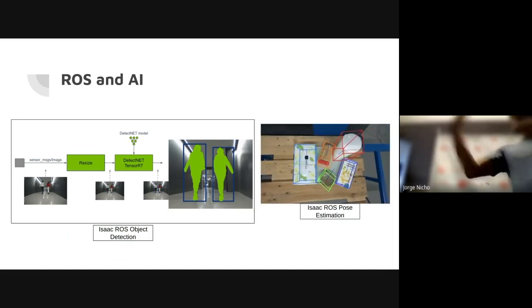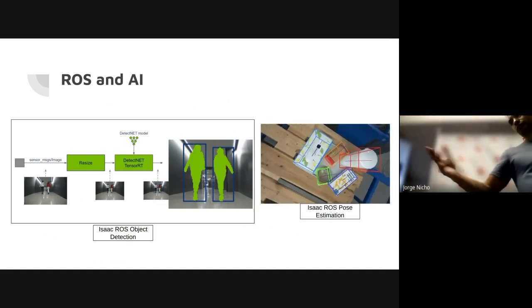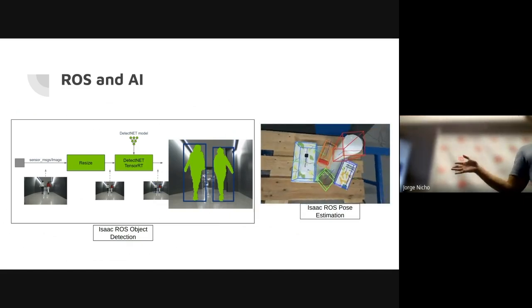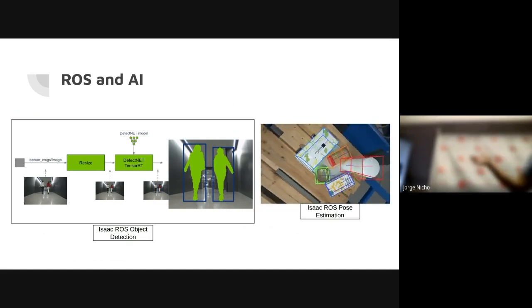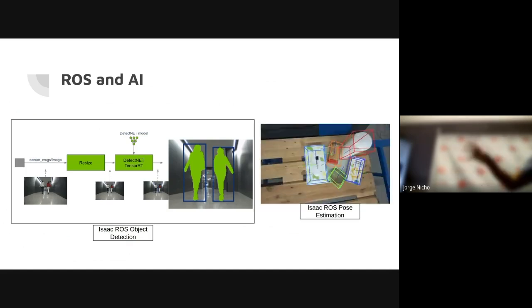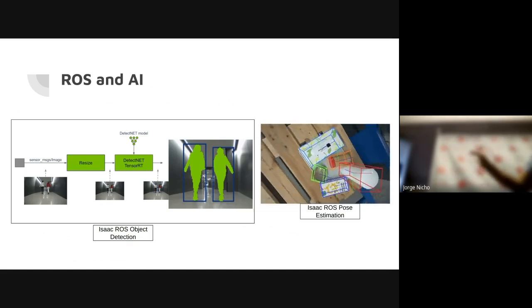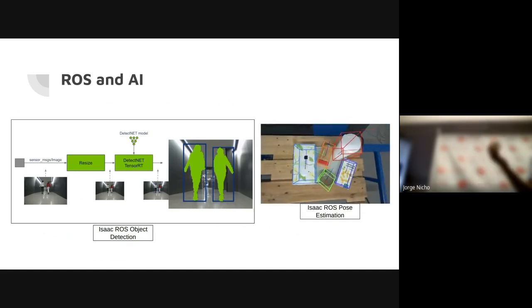And then they provide a way to make that result available within your ROS application. On the right-hand side is a pose estimation algorithm, also using machine learning, where it takes a picture or several pictures and comes up with the pose and the bounding box for the object.